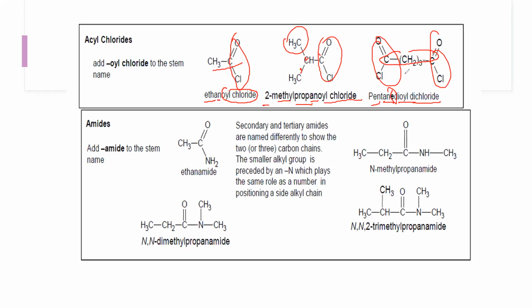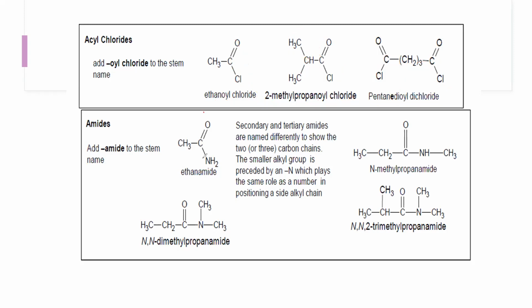If we have amides, amide means C double bonded with O and N. So 2 carbon atoms are there with a single bond, and amide. Then C double bonded with O and N, that's the amide group. And if the nitrogen has 2 carbons attached to it, how do we represent that?